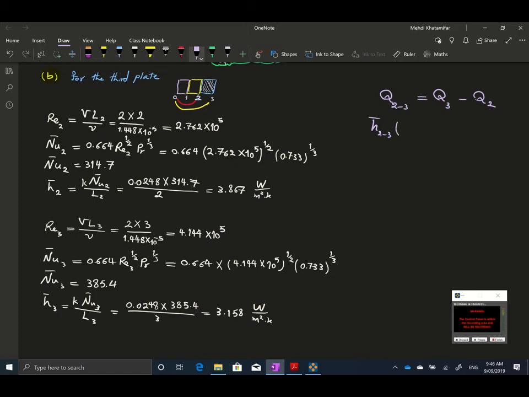Area is going to be 1 meter, because from 2 to 3 is 1 meter, times 4 meter length.